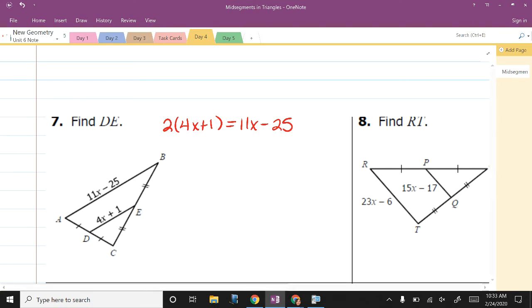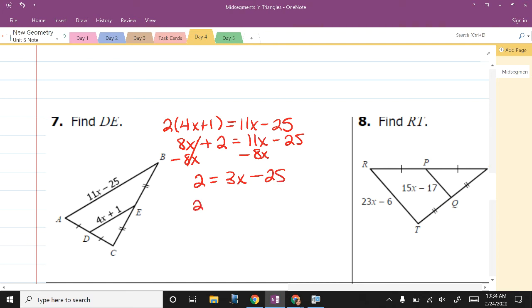2 times 4x is 8x plus 2 times 1 is 2. And then I'm going to subtract 8x to get my x's together. 2 equals 3x minus 25. Add 25 on both sides. I get 27 equals 3x. Divide by 3 and x equals 9.